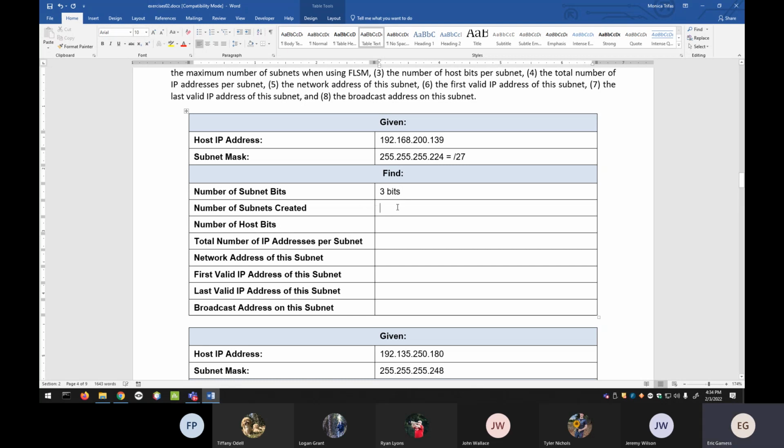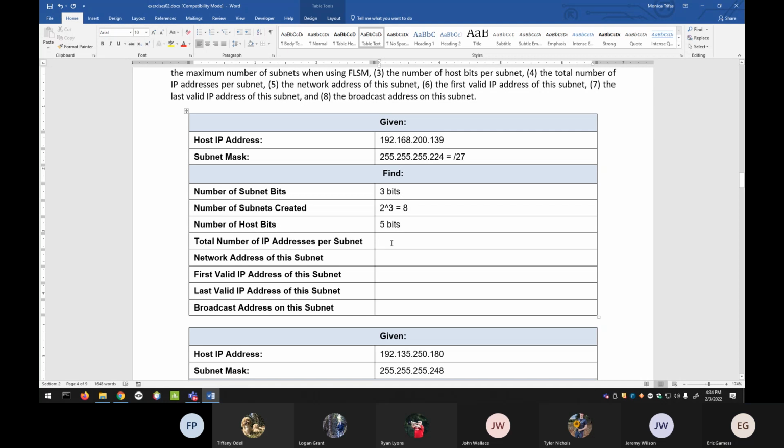Okay, how many subnets can I create in total? If I borrow 3 bits, it will be 8, which is 2 to the power of 3, no? And 2 to the power of 3 is 8. Okay, how many host bits are left? Five bits, correct.